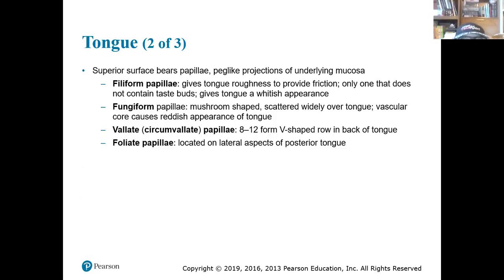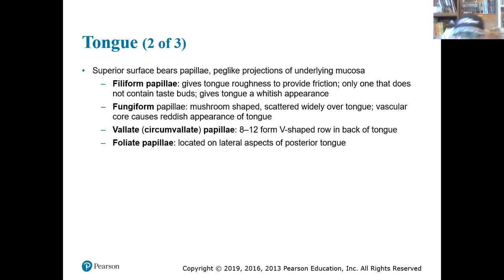All right, the tongue on its surface has papillae. Remember, papillae are sticky-up, finger-like extensions. Those are what give the tongue roughness and friction to hold on to the food. So we'll start with the filiform. Filiform means in the form of a file.